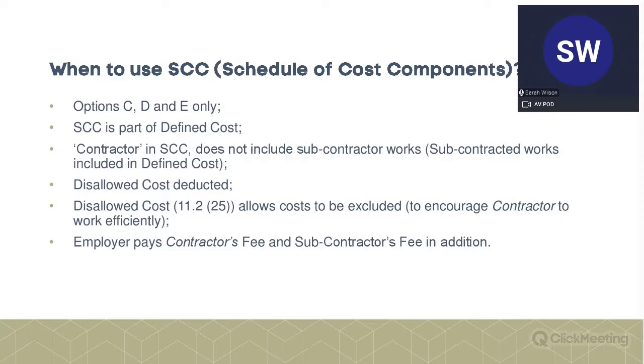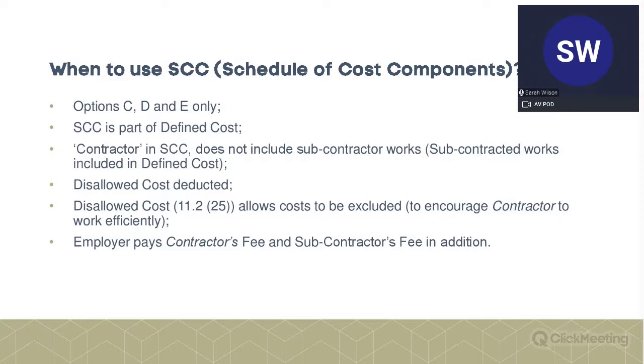Options C and D are the pain gain and profit sharing contracts, and how it works there is that as you go along through the project, you claim the cost of your works through the schedule of cost components. So basically, you have your timesheets and you claim for what people are doing over specific periods of time on the project.